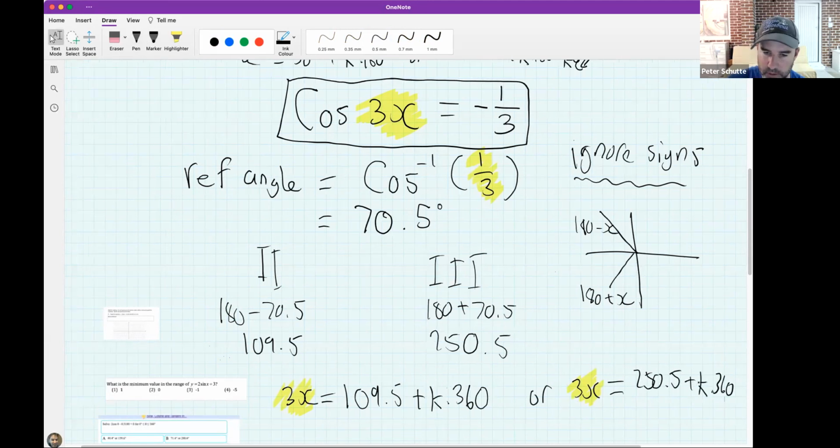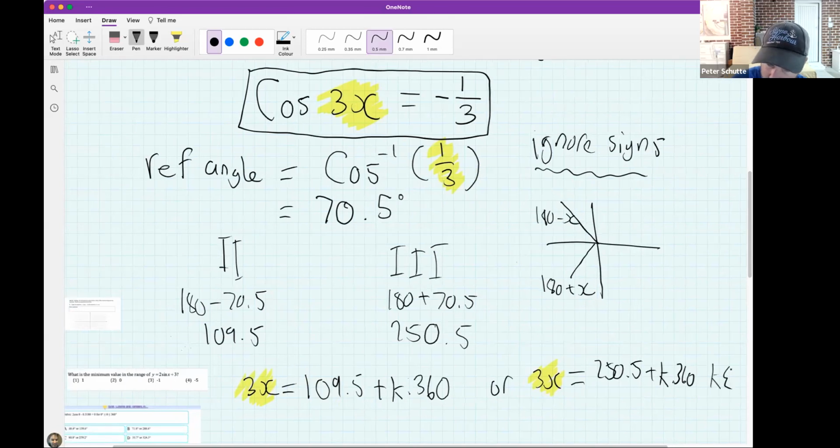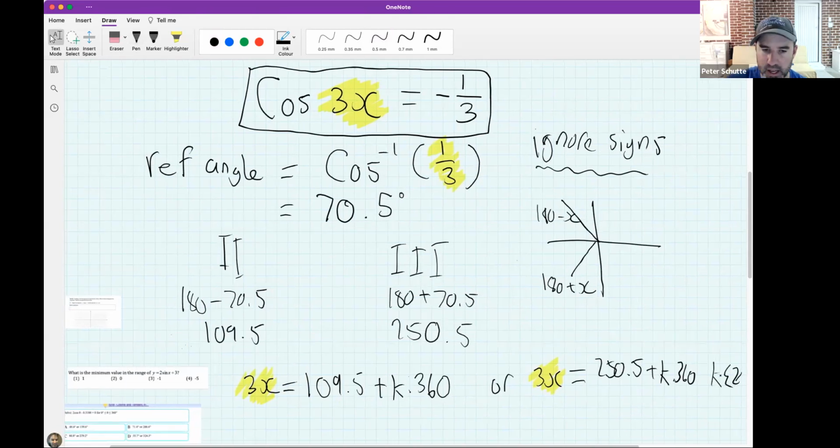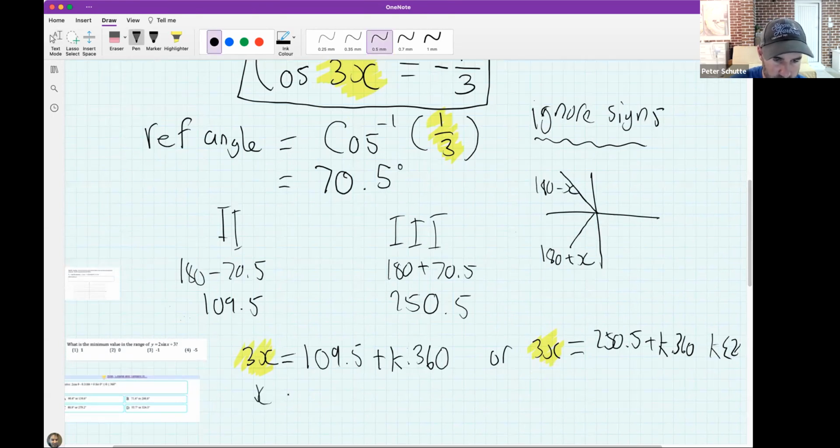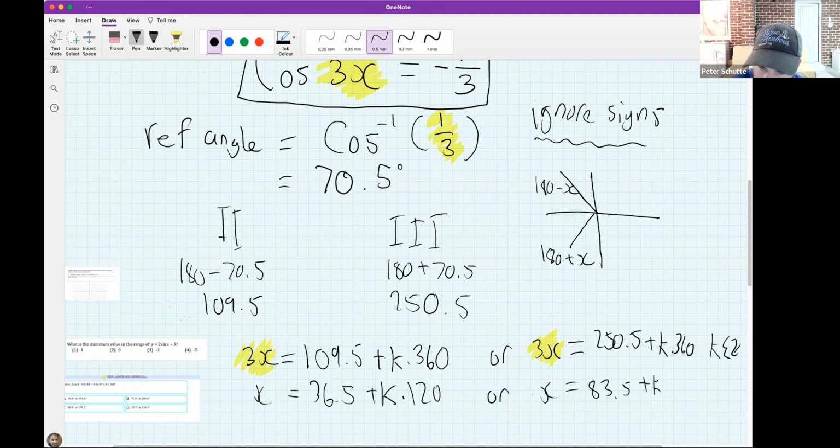So I'm leaving the period the same for now because it's going to be adjusted in a moment. And then we have to divide both sides by 3, which means we get 36.5 plus k times 120, or 250.5 divided by 3, so x is 83.5 plus k times 120.